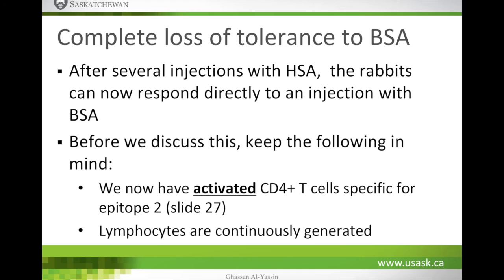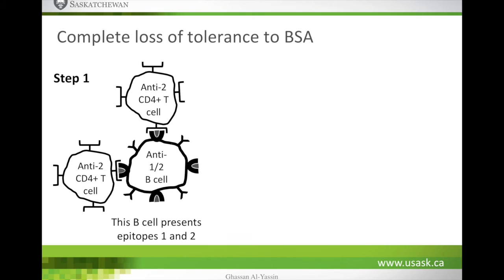Now we will see how these rabbits can respond directly to BSA after having received multiple injections of HSA. Before we go there, keep in mind that now we have managed to get activated CD4 T cells that are specific for epitope 2. Imagine now you have a B cell specific for BSA. This B cell could be specific for epitope 1 or epitope 2.